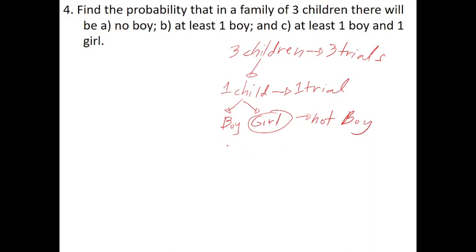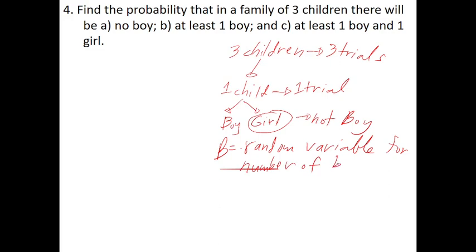And what is the probability of success? Kung ang random variable mo ay B, for number of boys, ano naman yung probability of success related to the random variable for number of boys?